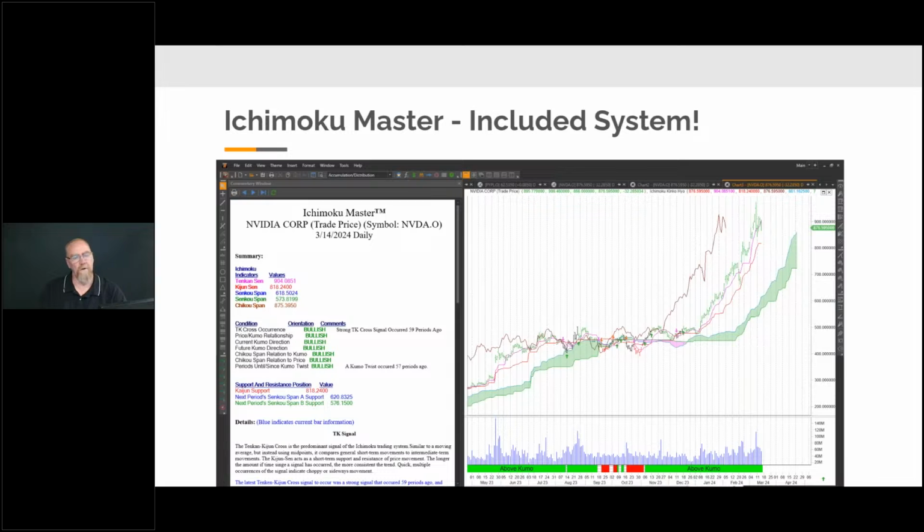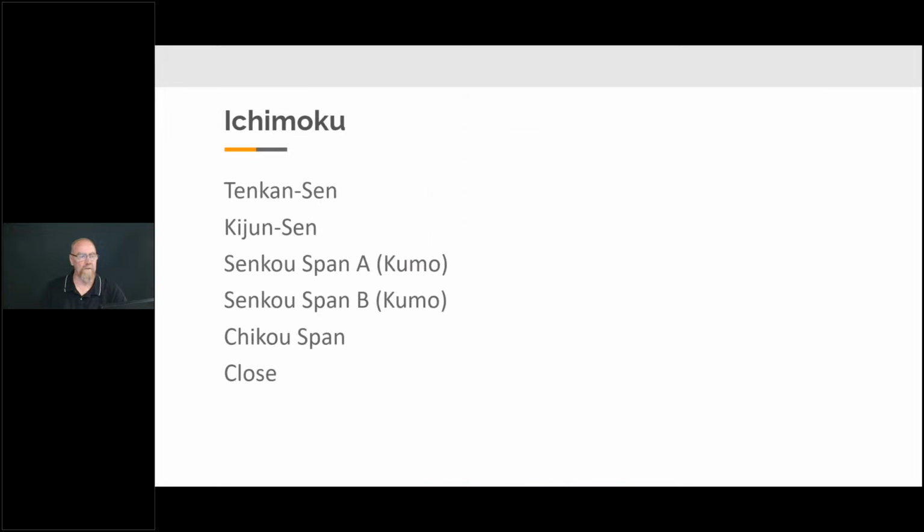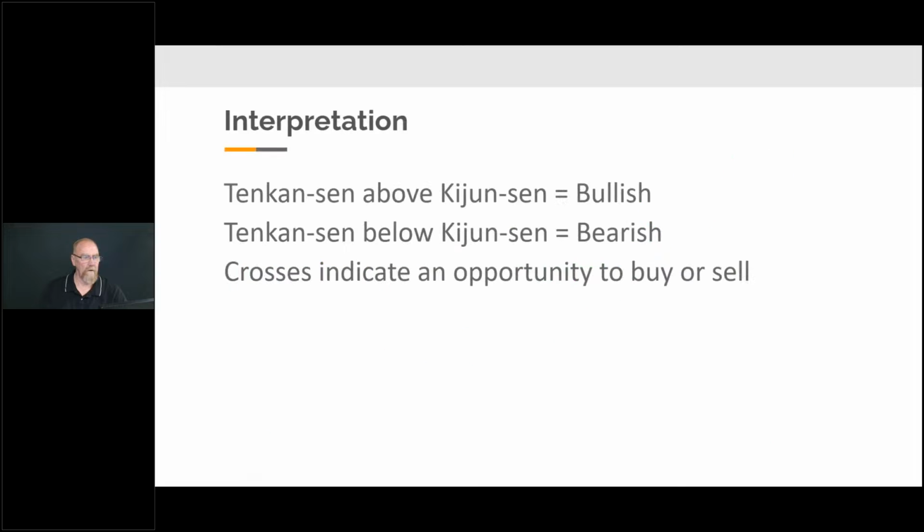The Ichimoku Master. Ichimoku has been around that kind of trading system for a long time. Ichimoku Sanji, I believe it means what a man in the mountain sees. And that's what it's meant to do, is give you a big overview of what a particular symbol is doing. Don't have time in here.